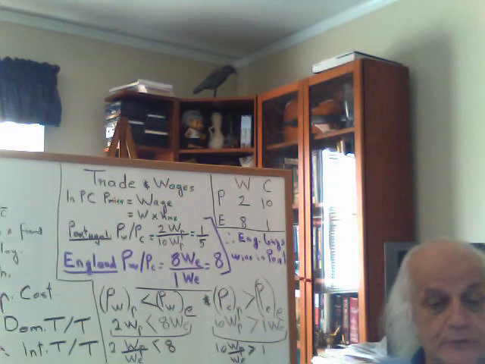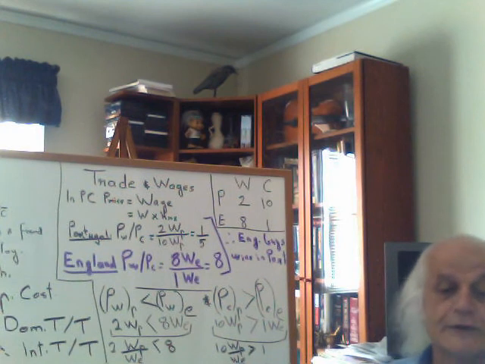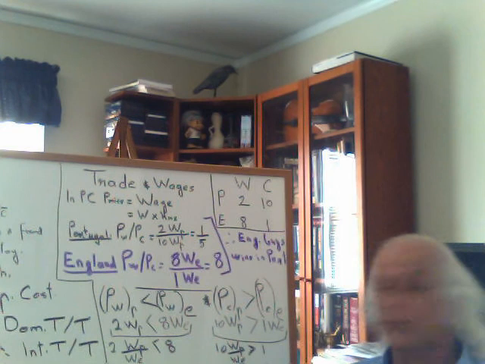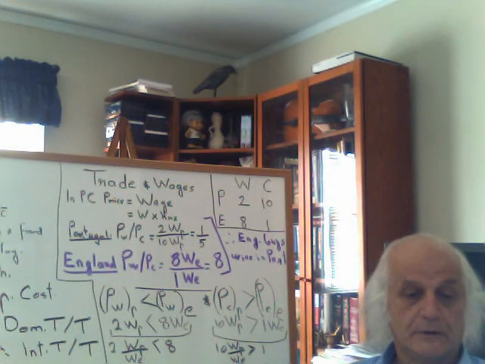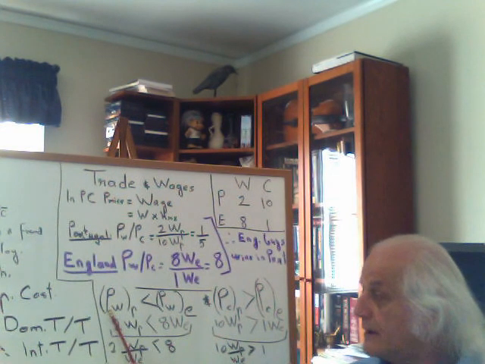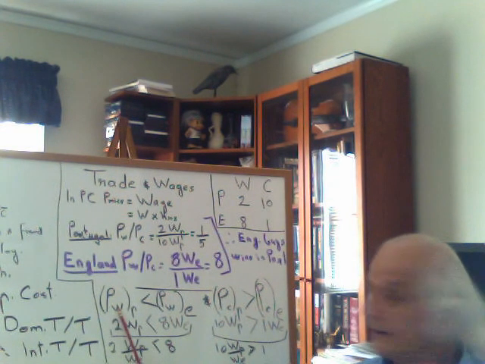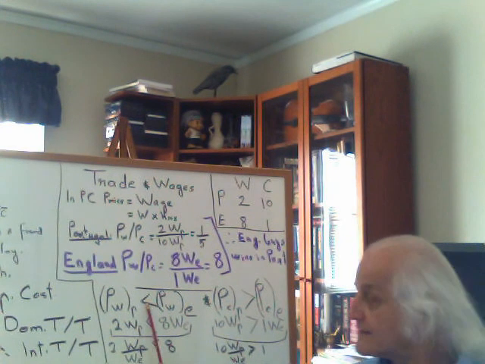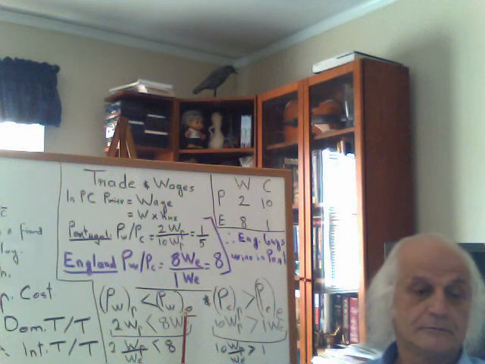Let's see if we can set this up as an inequality. What we're saying, therefore, is that the price of wine in Portugal is less than the price of wine in England. Right?